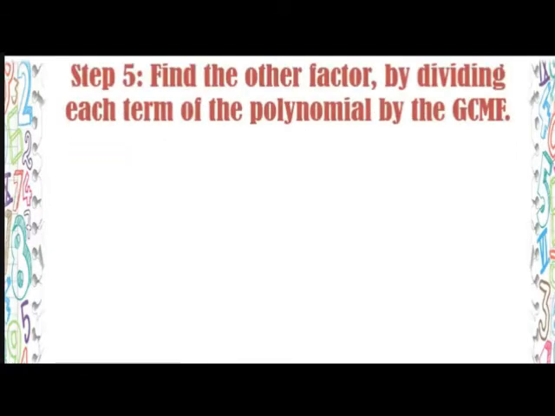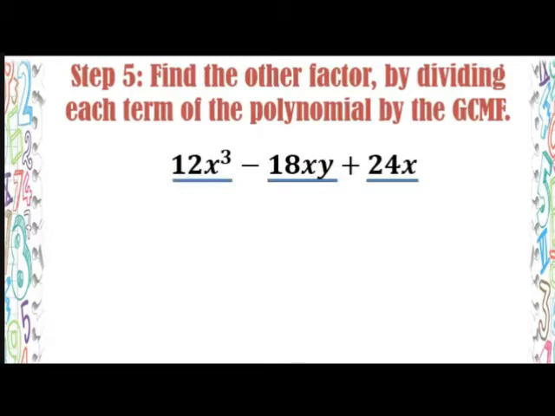Find the other factor by dividing each term of the polynomial by the GCMF. Given 12x cubed minus 18xy plus 24x. We will divide each term by the GCMF, which is 6x. 12x cubed divided by 6x, that is 12 divided by 6, we have 2.